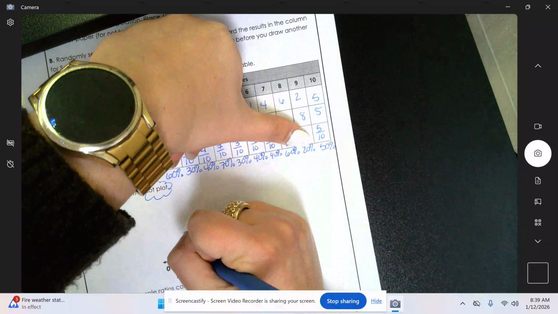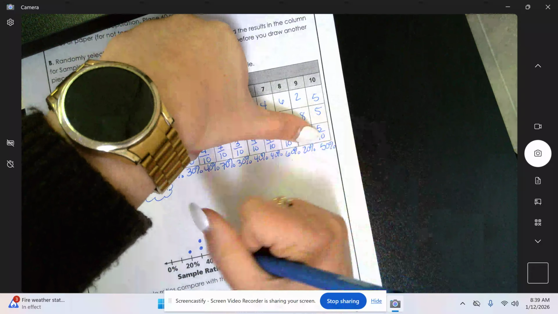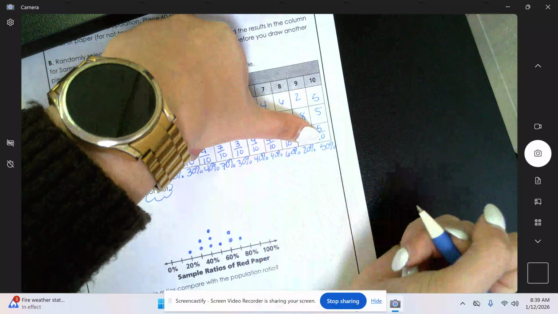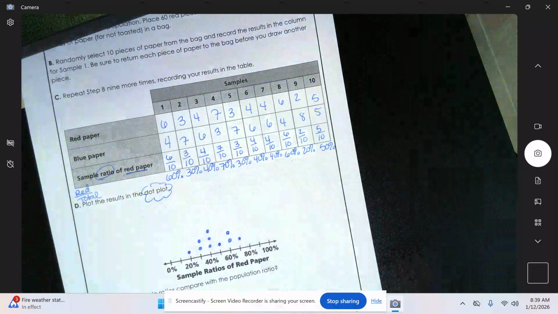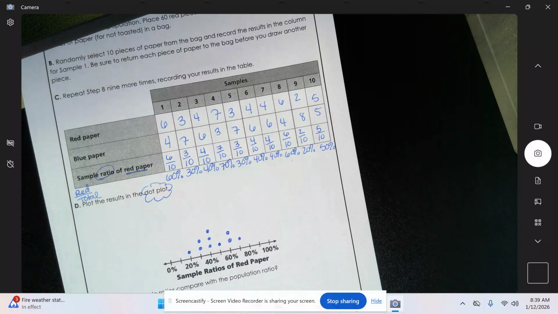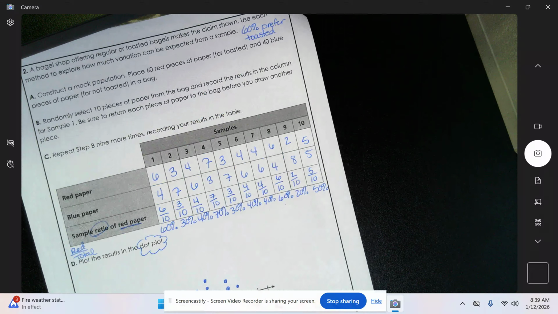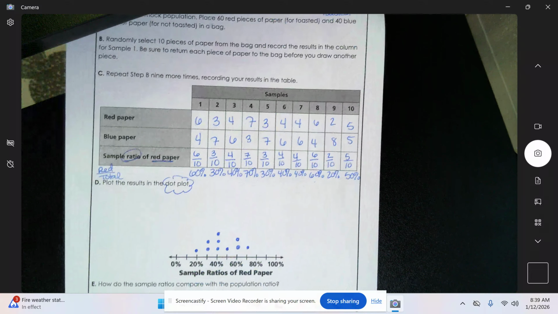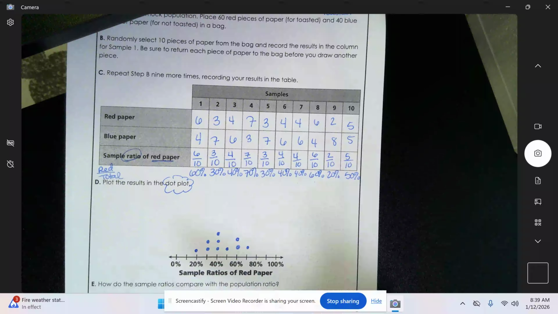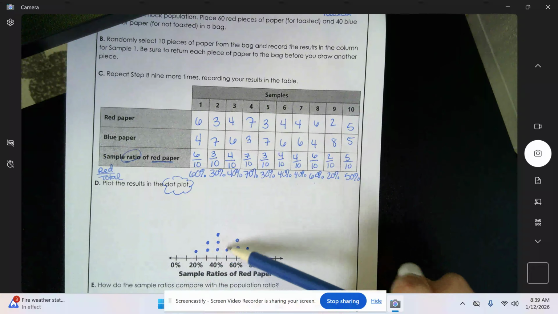These random people over here that are a 20 and a 50. Make sure I got all 10 dots. 1, 2, 3, 4, 5, 6, 7, 8, 9, 10.